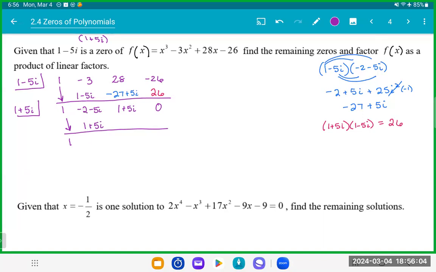So I have 1 minus 2, which gives me a negative 1. And the positive 5i and a negative 5i, those cancel. So now I have negative 1 times 1 is negative 1. And negative 5 times 5i is a negative 5i. So when I do the math there, those cancel as well.